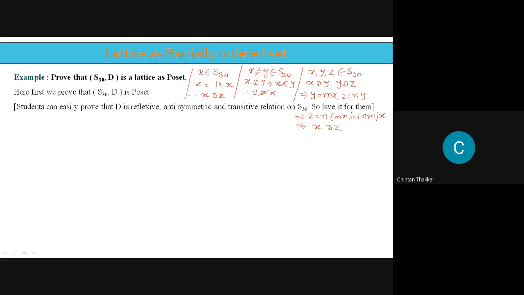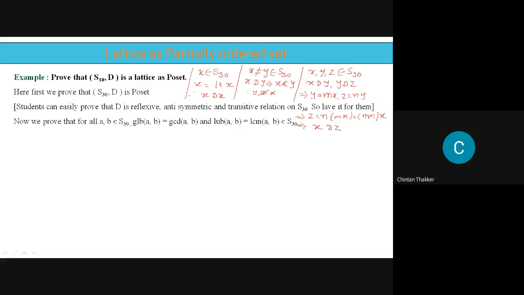So now, to prove that for all a, b belonging to S30, the GLB, which is the GCD of a and b, and the LUB, which is the LCM of a and b, belong to S30. You have to remember that if the divides relation is given, GLB will be GCD and LUB will be LCM.